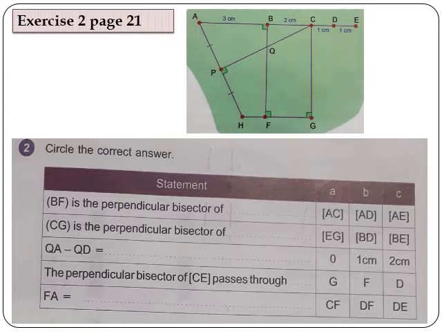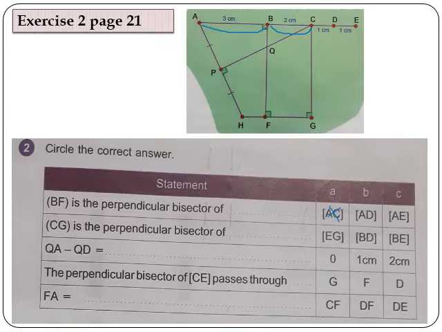I said before that a perpendicular bisector should pass through the midpoint of the segment. Here you have AB equal 3 cm, BC equal 2 cm. AB is not equal to BC, so B is not the midpoint of AC, and FB is not the perpendicular bisector of AC. This answer is not correct here.